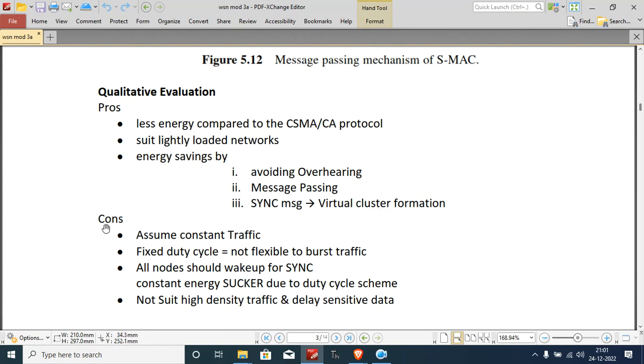And there are some disadvantages of SMAC. It assumes that the traffic is constant, but in a wireless sensor network the traffic may vary depending upon the timing condition as well as the environment, and here the duty cycle is fixed and not flexible. All nodes should wake up for synchronization.